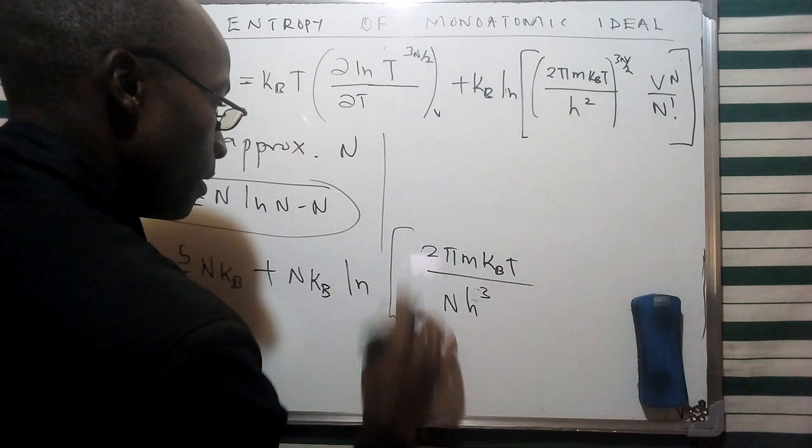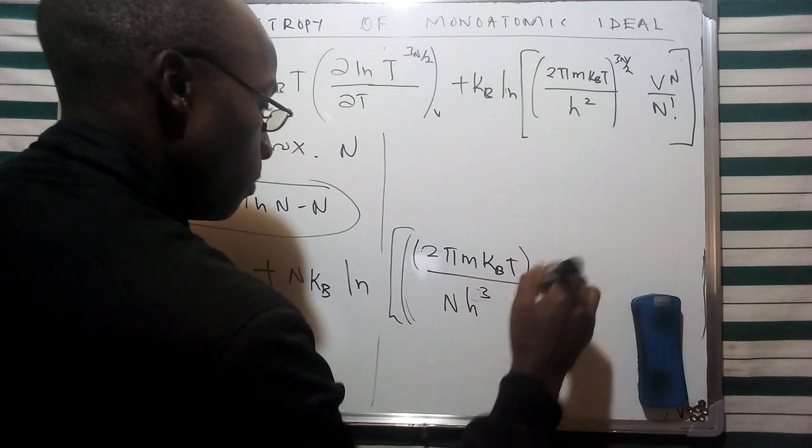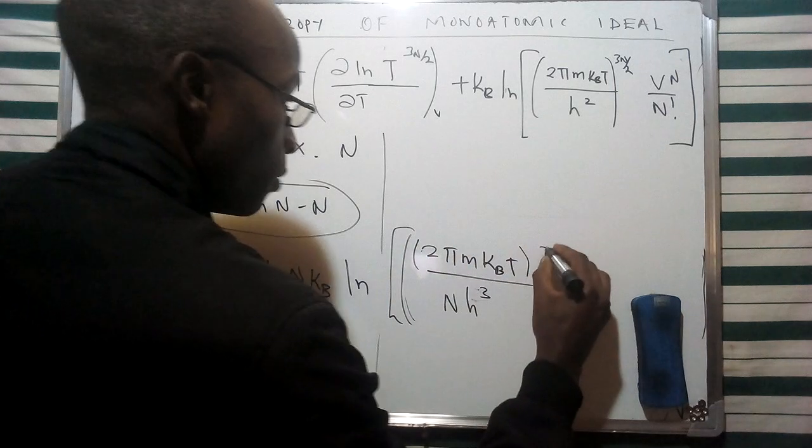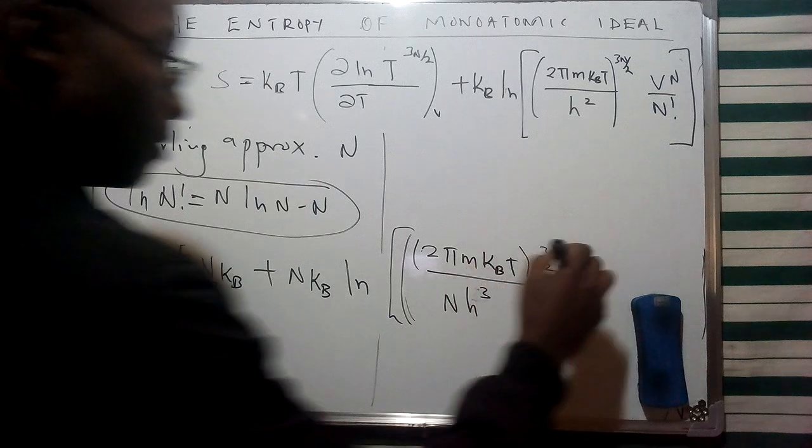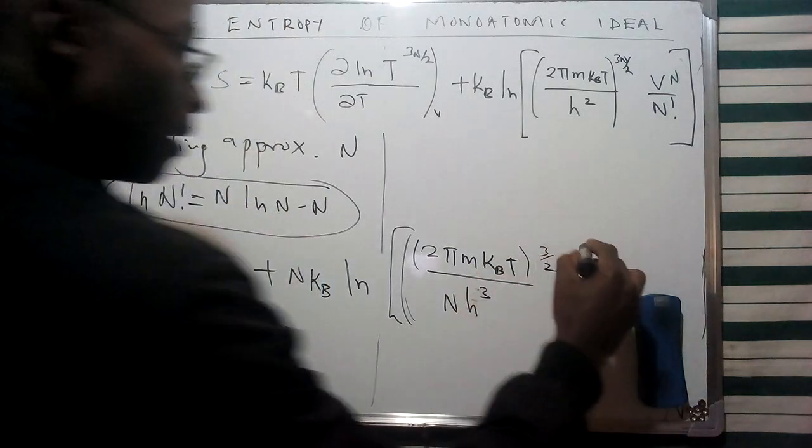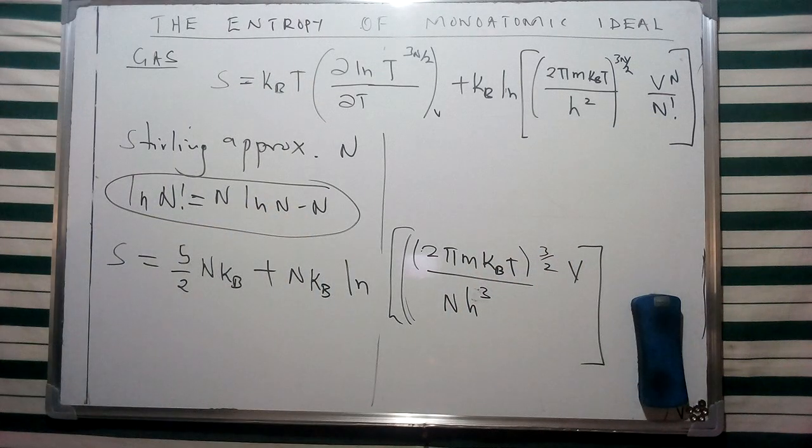This upper numerator is going to be given in terms of 3/2, and then we're going to have this one given in terms of V, and that is going to be given as that.